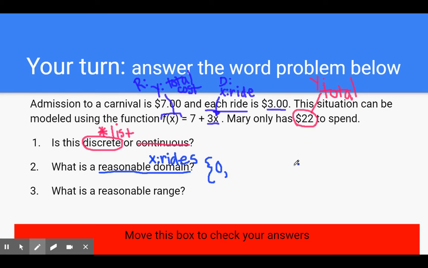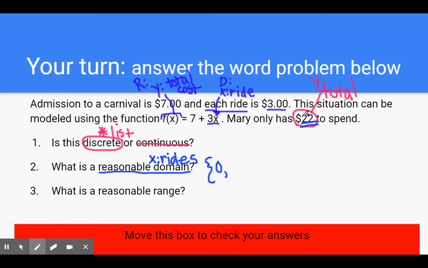And then I can continue, but I don't know how far I can go. If I only have $22, that's when I want to work this problem out and figure out how many rides I can ride if I only have $22. Well, I know my domain is going to start at 0, but I don't know what it's going to go to, to list those numbers.